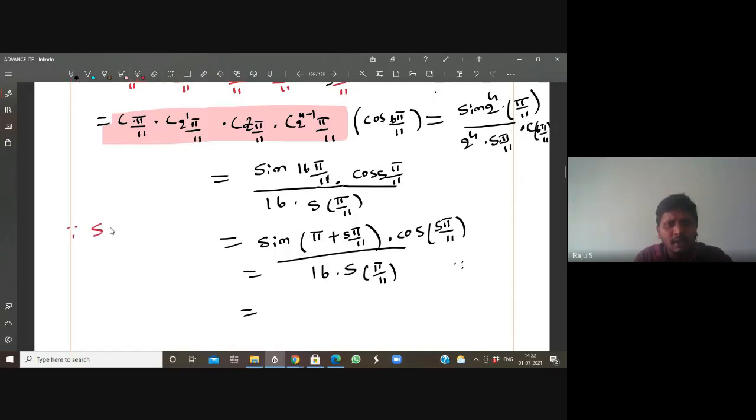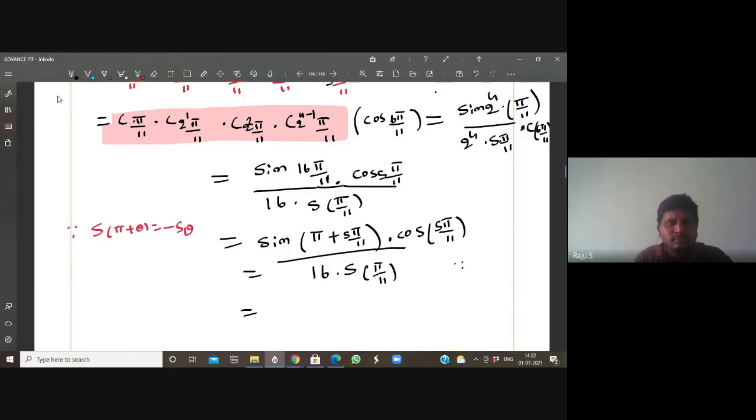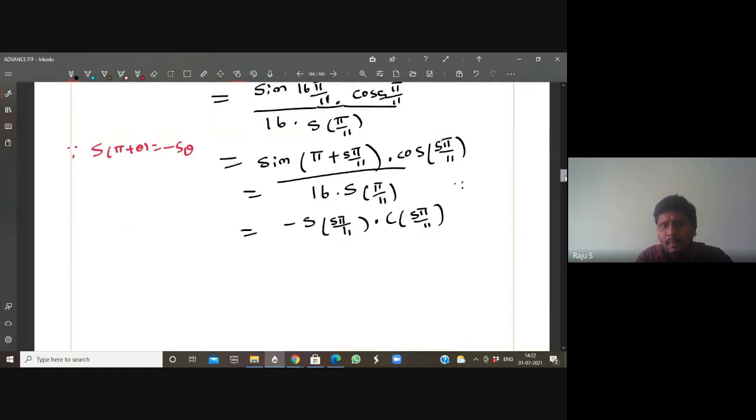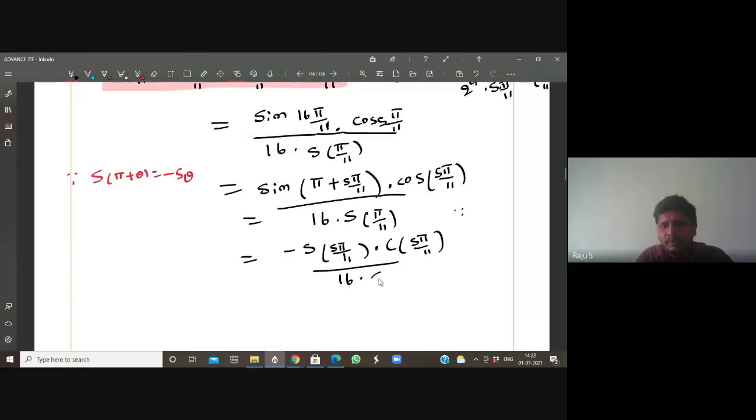Since we know that sine of pi plus theta is minus sine theta, here we get minus sine pi by 11 into cos pi by 11, all divided by 16 sine pi by 11.